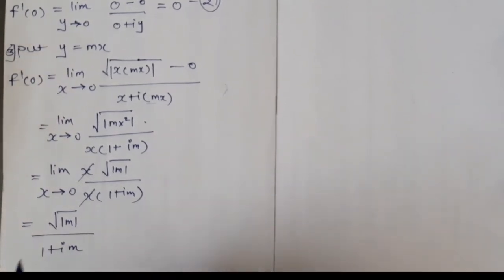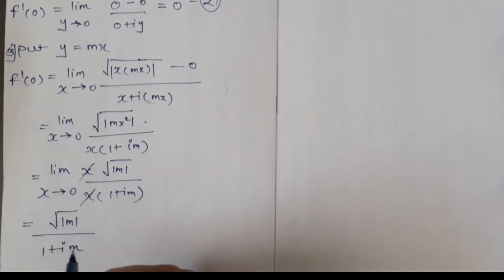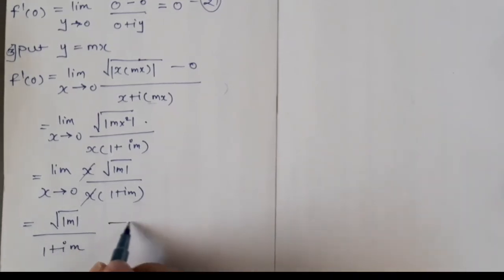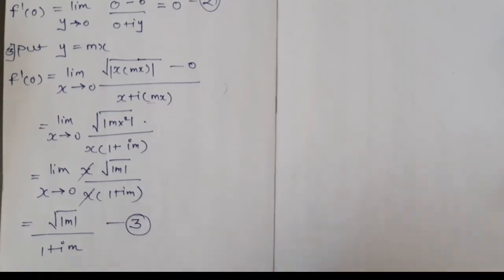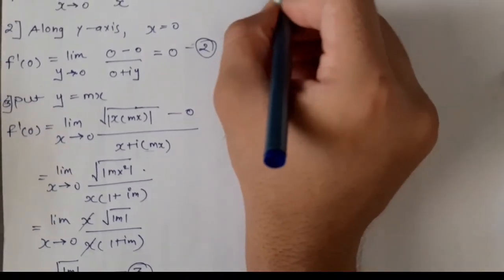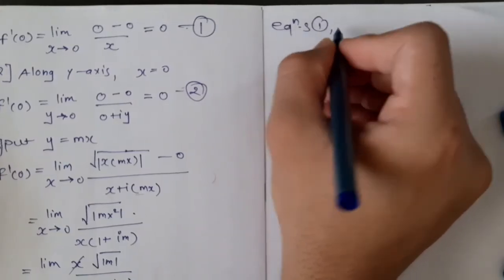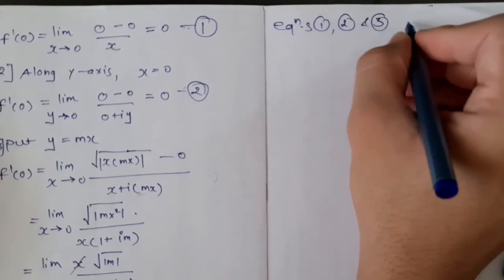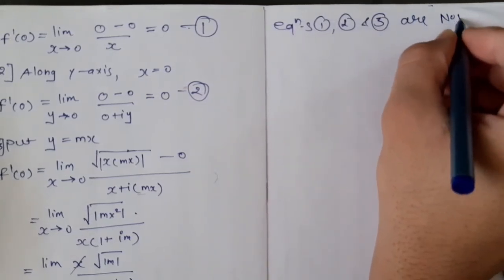That means for different values of m, we get different answers. That means equations 1, 2 and 3 are not the same. Equations 1, 2 and 3 are not equal.